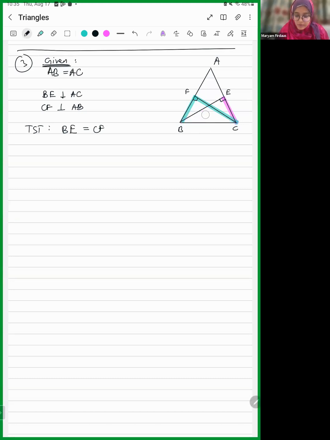Now, change your perspective. AFC and AEB. So this triangle and this triangle. Which two?